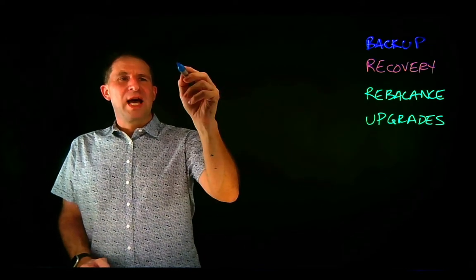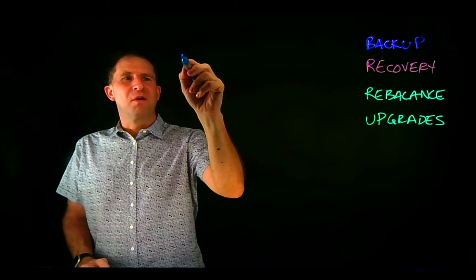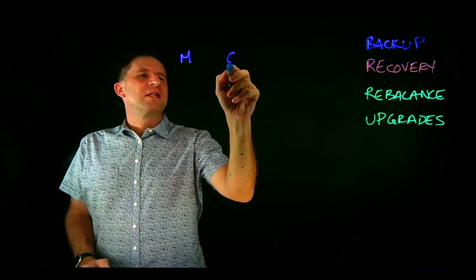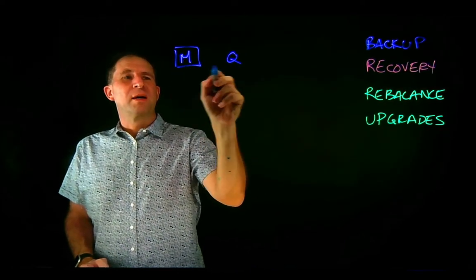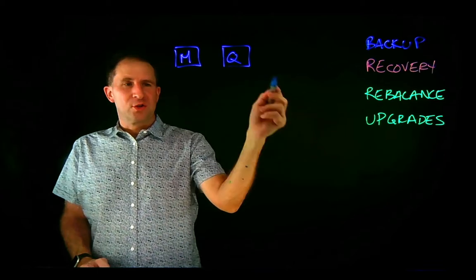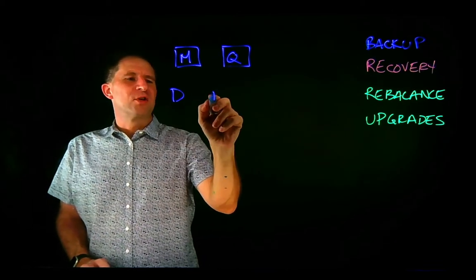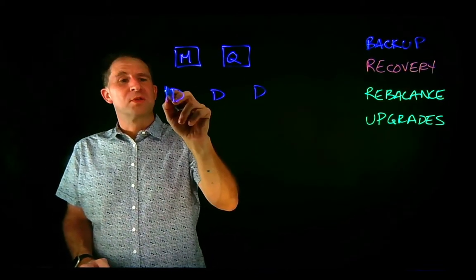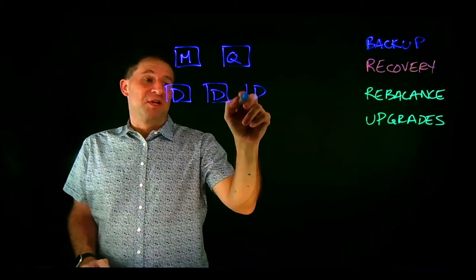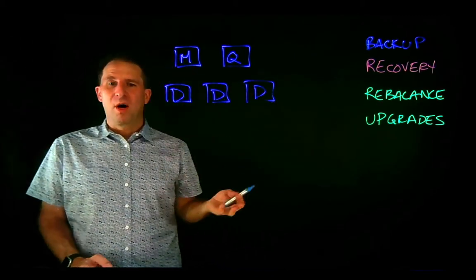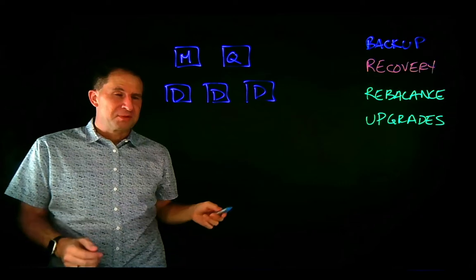So Druid has an architecture that consists of independently scalable components like master servers, query servers, and data servers, data nodes. I'm just going to draw three of them here. It doesn't have to be three, there could be one, there could be thousands of these things.